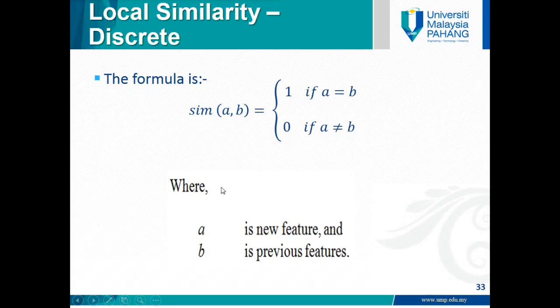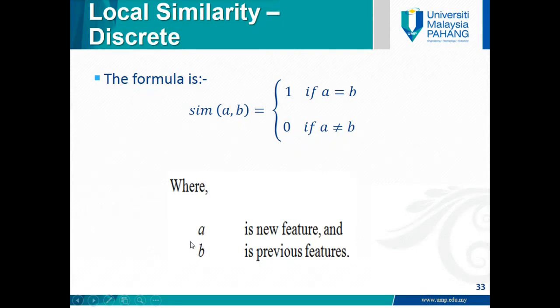So you have to be sure that A always represents the new feature, meaning the attribute that exists in the new case, and B is the old feature, meaning the feature that exists in the old case.